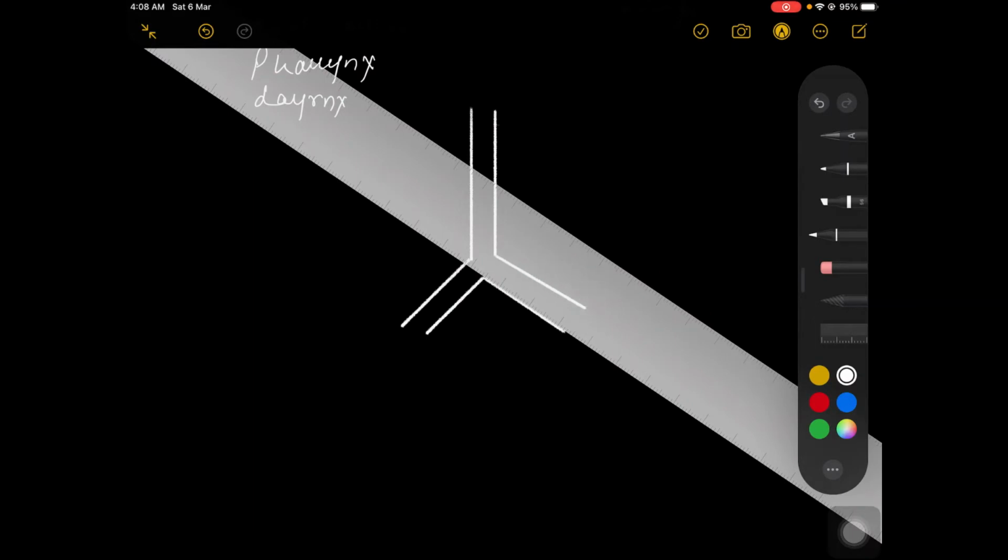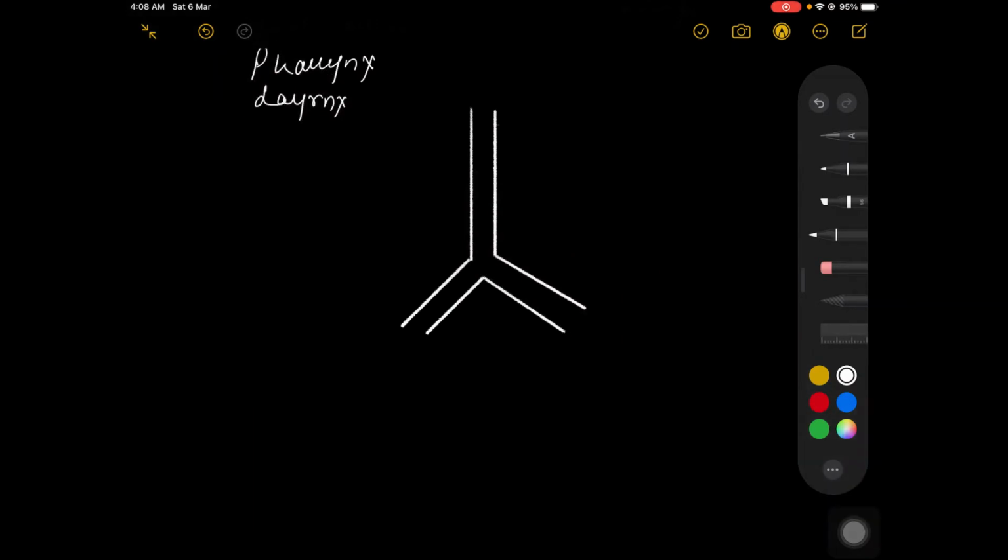This point is also known as the carina point. The point where the trachea divides is also known as the carina point. Okay, and this is T5.